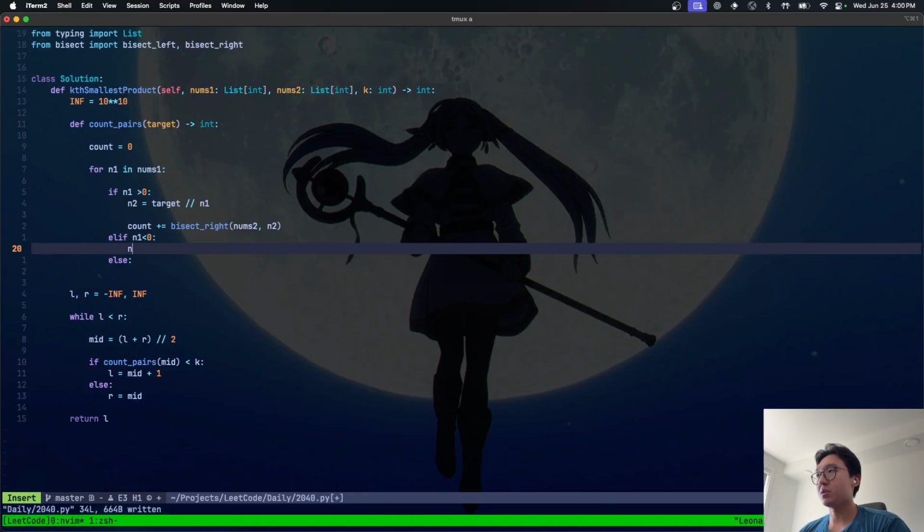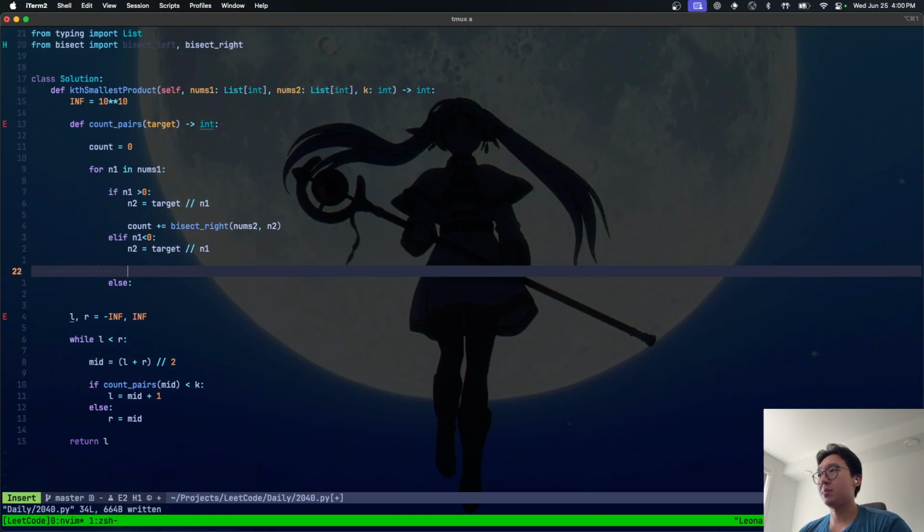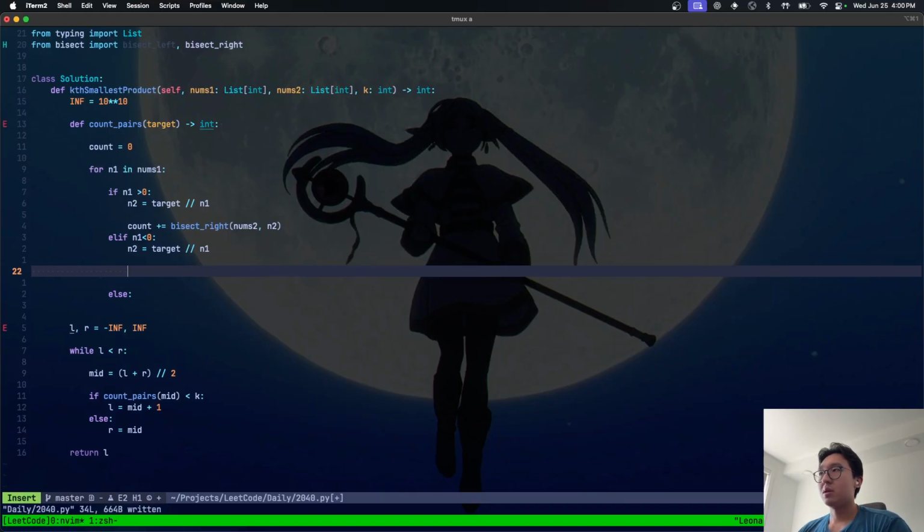So what's the target? 2 is equal to the target. I'm going to do this first, but I know this is not right. I need to do the ceiling. I want to figure out why I need to do the ceiling here. So count plus equals, we only want the right side of that.